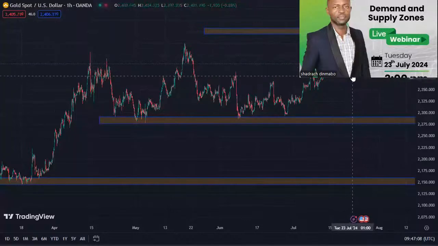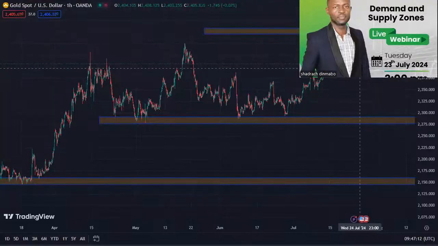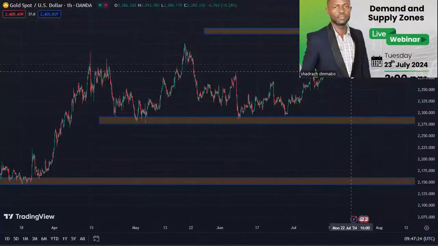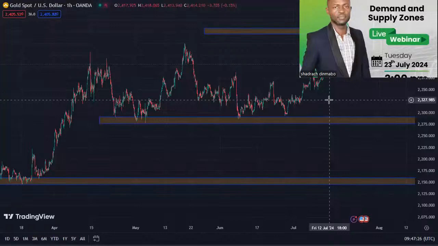Look at this one. It came to this zone. If this market is going to reverse from here and push upward, check for candlestick patterns or reversal patterns. We'll look for whether other oscillators have reached overbought or oversold at that particular point, just to validate that this zone is going to hold. It's not going to be broken. So these are the things we look at.